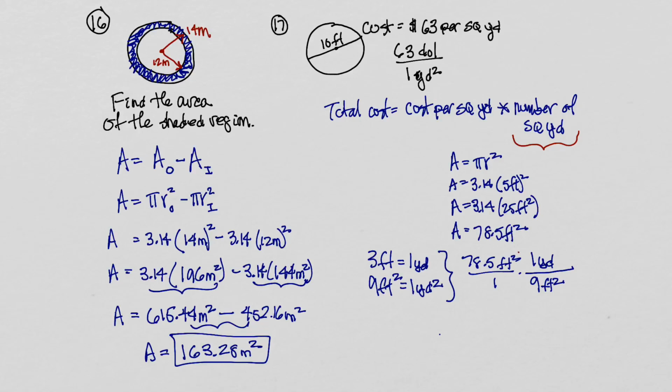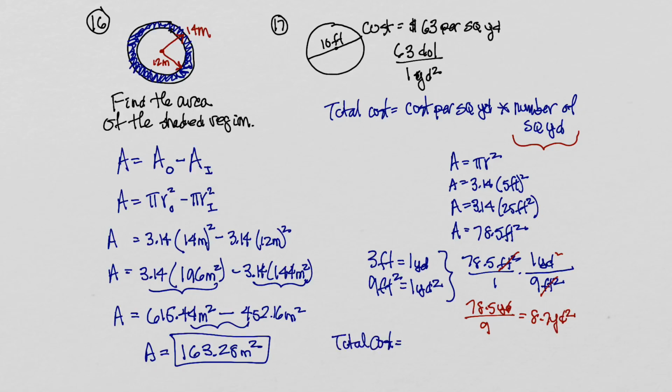Doing that, the square feet will cancel, and we will get 78.5 times 1 yard over 9, which, rounding it off, is 8.7 and a bunch of 2's. That's square yards.